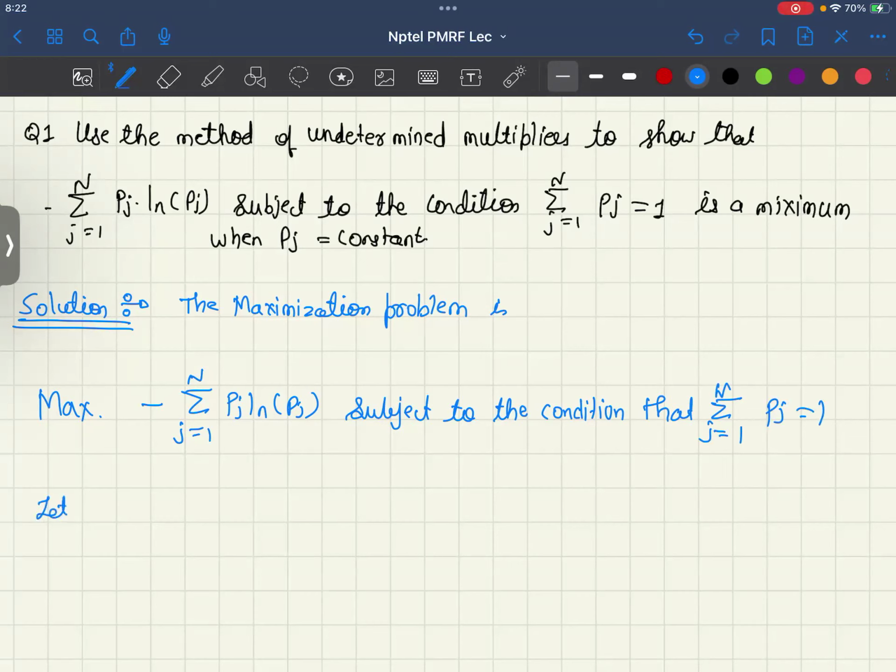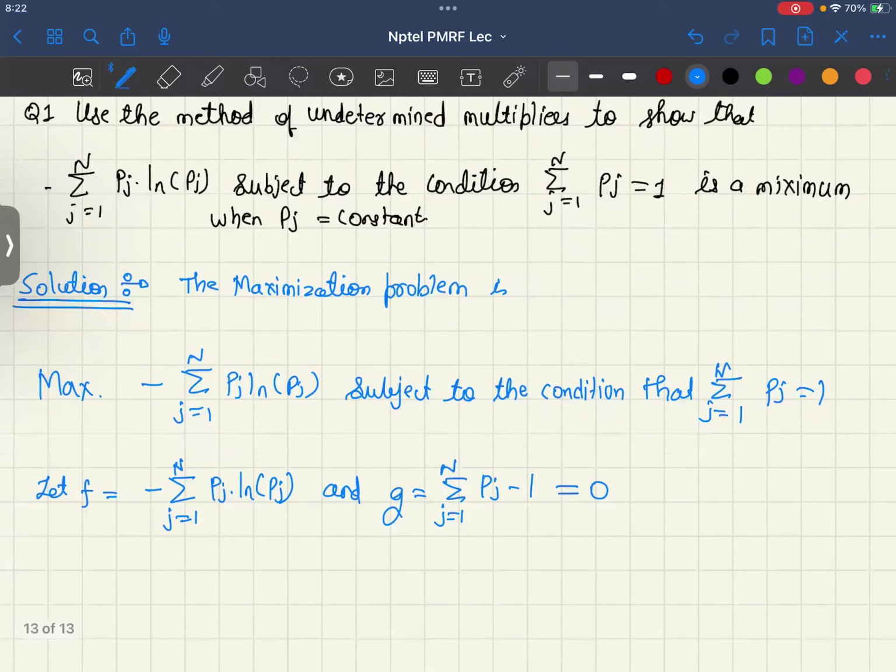Now let f be that maximization part, summation j equals 1 to n of pj ln pj, and g is equal to summation j equals 1 to n of pj minus 1 equals 0.